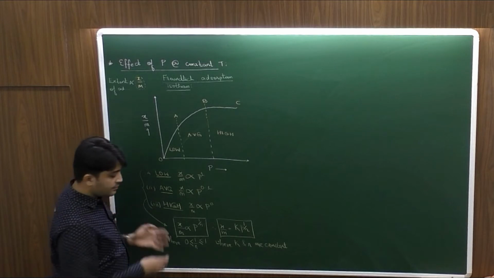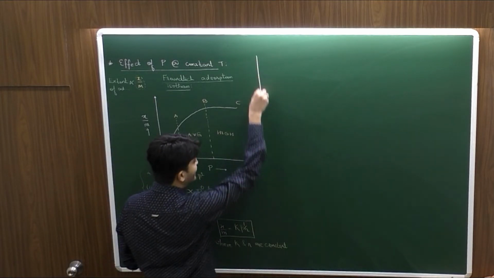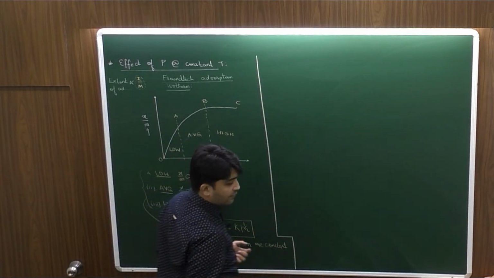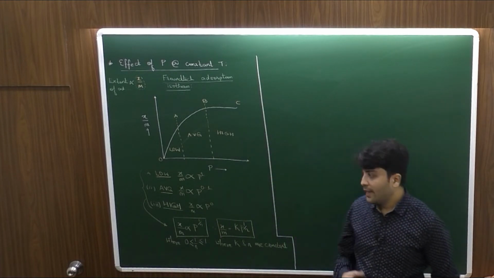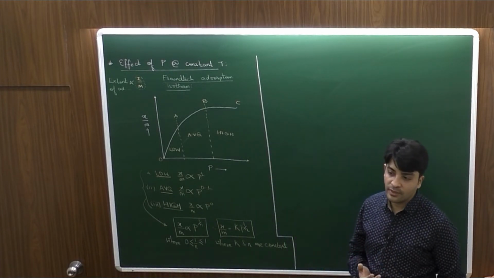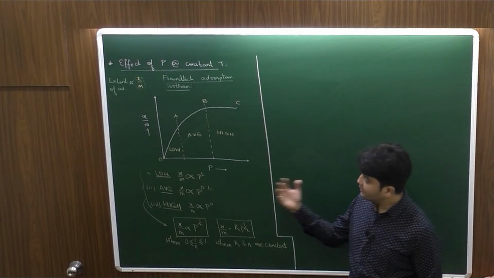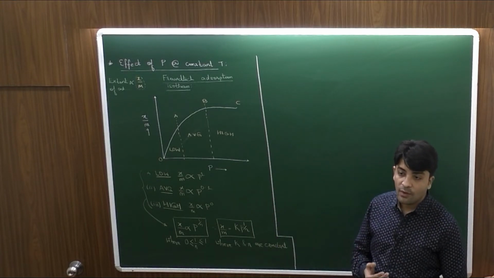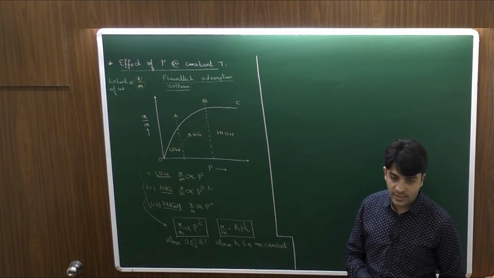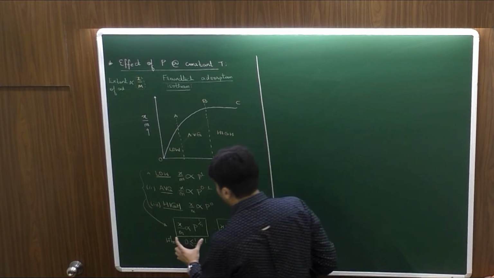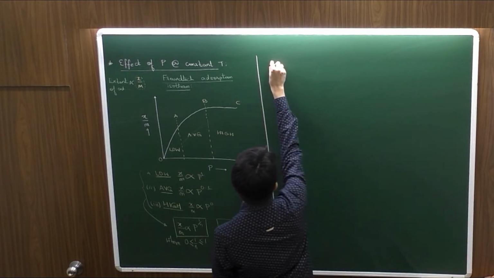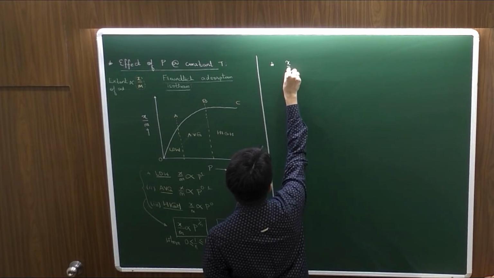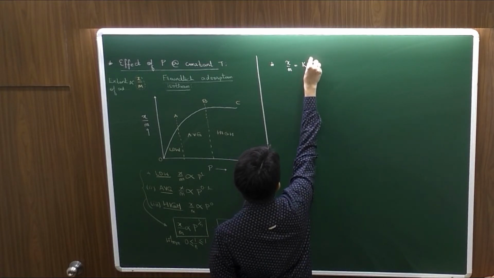Clear with that? Okay, now to validate the Freundlich adsorption, we actually take the logarithm form, and in calculations, if that logarithm form is satisfied, then we can say Freundlich adsorption isotherm is valid for that particular experiment. So I'll take this mathematical equation: x by m equals kp raised to 1 by n.